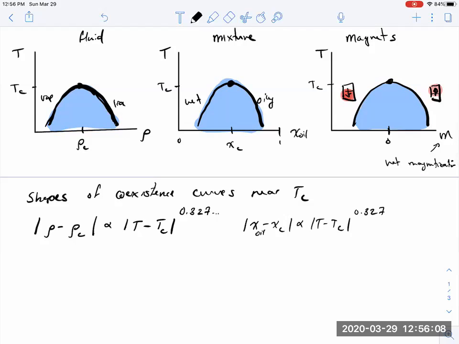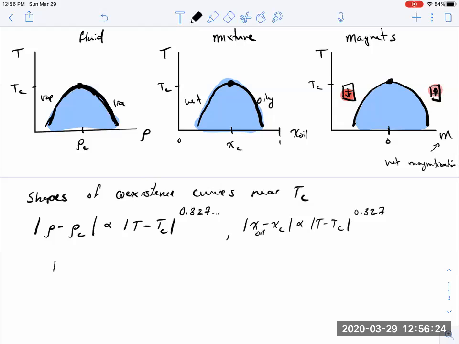But this is, of course, a very different sort of transition. This is a demixing transition, how water and oil mix, not how a fluid turns into its vapor. And yet, one observes similar sorts of behavior.